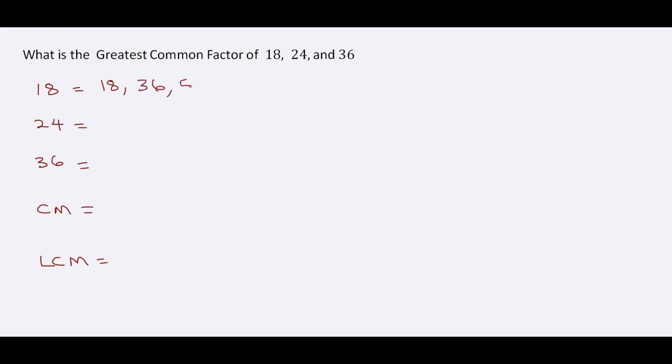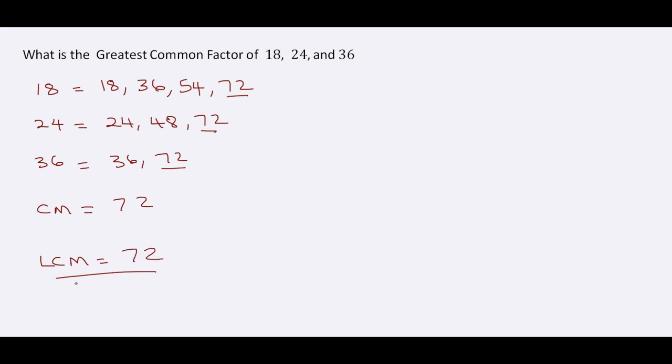By 3 we have 54, by 4 we have 72. 24 by 1 we have 24, by 2 48, by 3 72. 36 by 1, 36, by 2 72. So we already arrived at our first common multiple, so that's going to be the least common multiple. So we have 72 here.